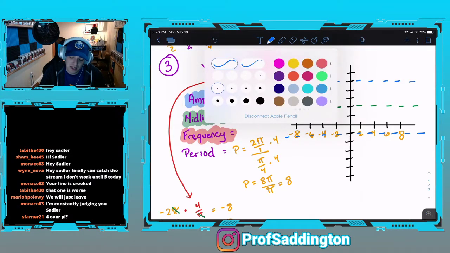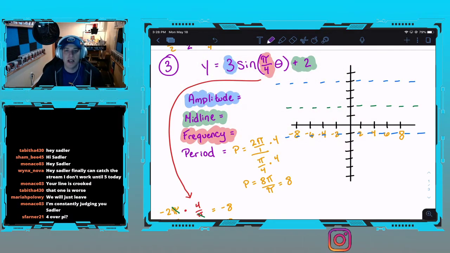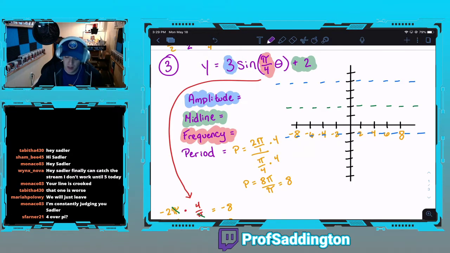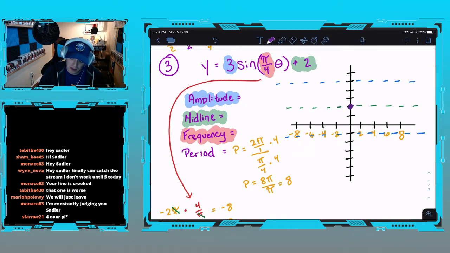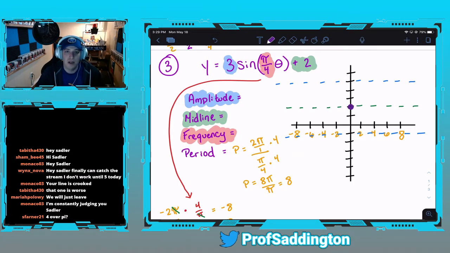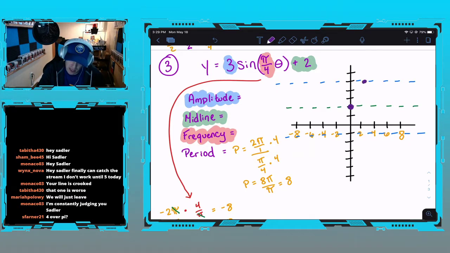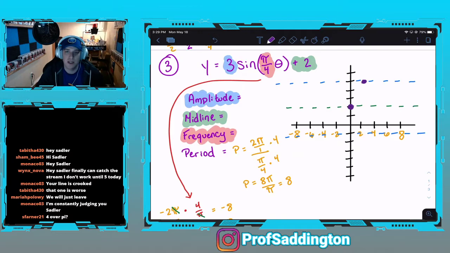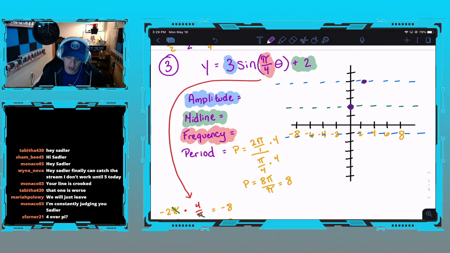Because this is the sine function, it always starts on the midline. So I'm going to start right on the middle. Because it is +3, that means the graph is going to go up first. So I have to go all the way up to +3. And then I'm going to work my way down.